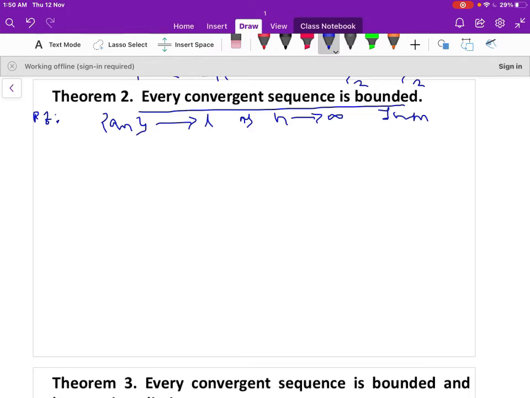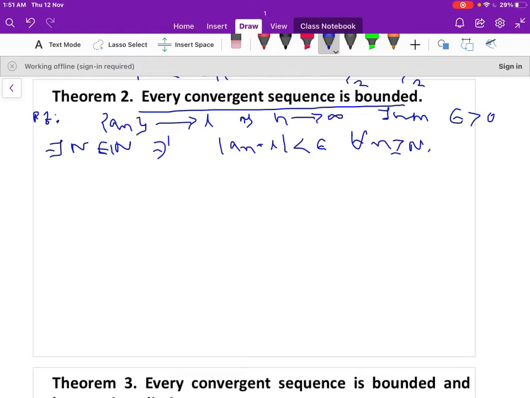Then for any given epsilon positive, there exists N belonging to the natural numbers such that the modulus of a_n minus L is less than epsilon for all n greater than or equal to N. This is through the definition of the convergence of a sequence.